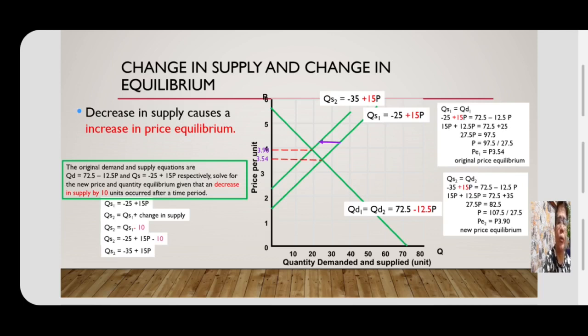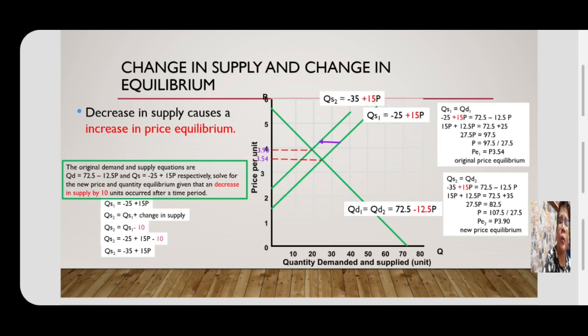So what we need to do after reading the problem statement is, of course, to come up with the original supply equation and new supply equation. The new supply equation is based on the original supply equation plus the change in supply.